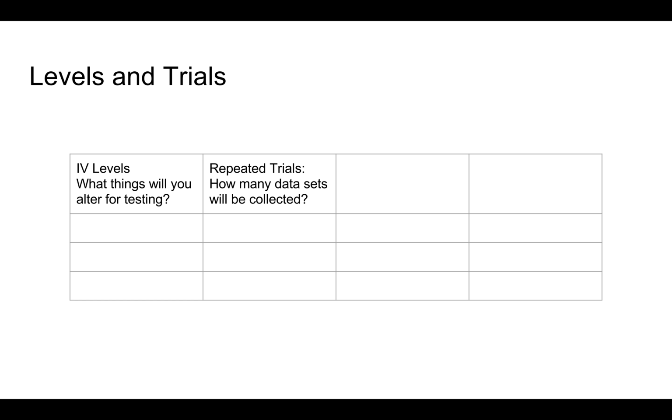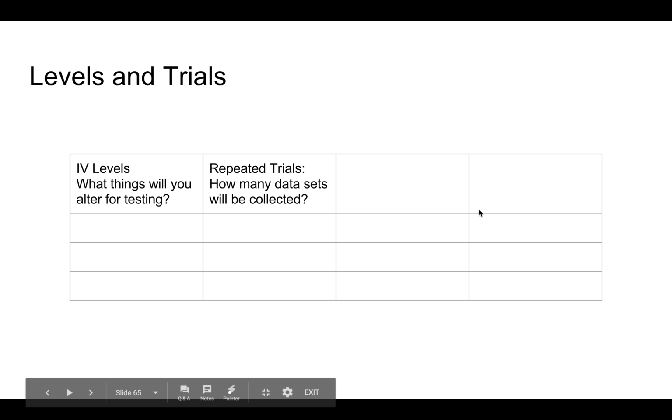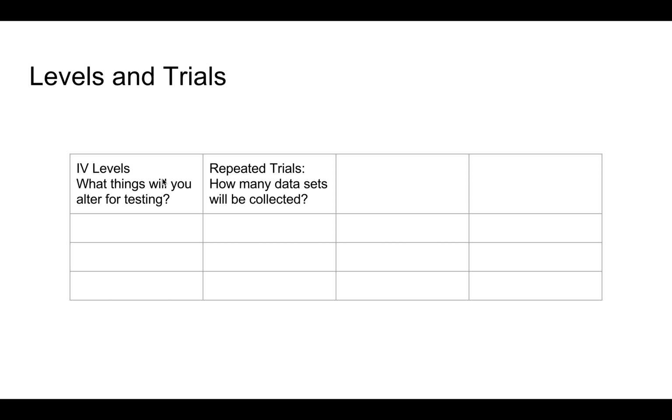Your levels and trials. Now, on your paper, these two boxes or these two columns are filled out. I don't want those completed as of now. Your IV levels are what things will you alter. For example, if you're changing slope of table, and you're putting 2x4s underneath the table to increase the slope, you could do 1 2x4, 2 2x4s, 3 2x4s.